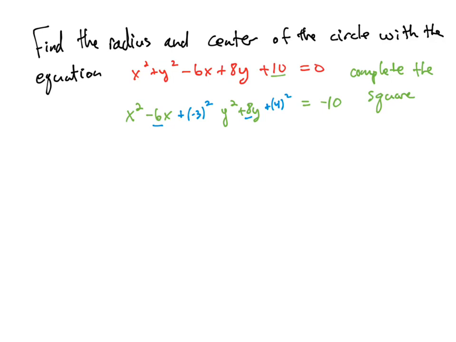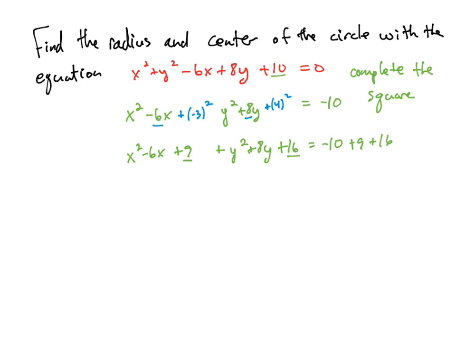Okay, so what we have is x squared minus 6x plus 9 plus y squared plus 8y plus 16. So what we see is that I've actually added 9 and 16 to the left-hand side of the equation. So on the right-hand side, I need to also add those values in order to keep the equation balanced.